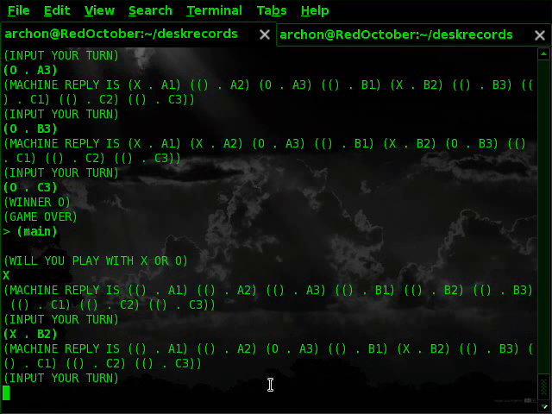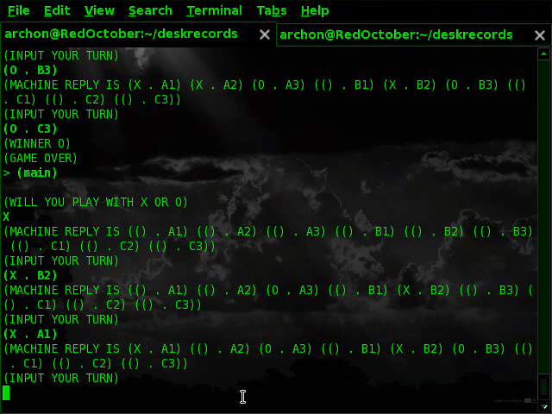Okay, now I'm going to place an X on A1, the way the machine did last time. And now the machine will give me my previous reply. It is going to place an O on B3.